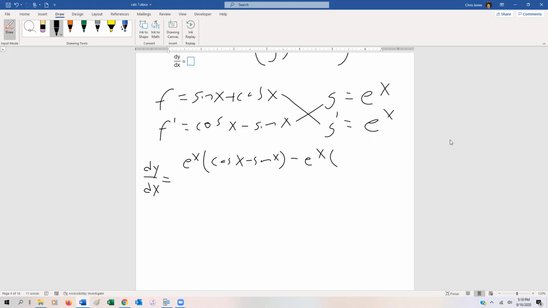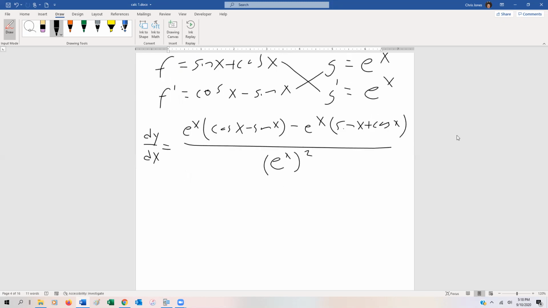So this is going to be minus f g prime. I'm sorry, f g prime is going to be sine x plus cos x. Sorry about that copy error, but I caught it. So this will be sine x plus cos x. And finally, we're going to divide that by e to the x squared.